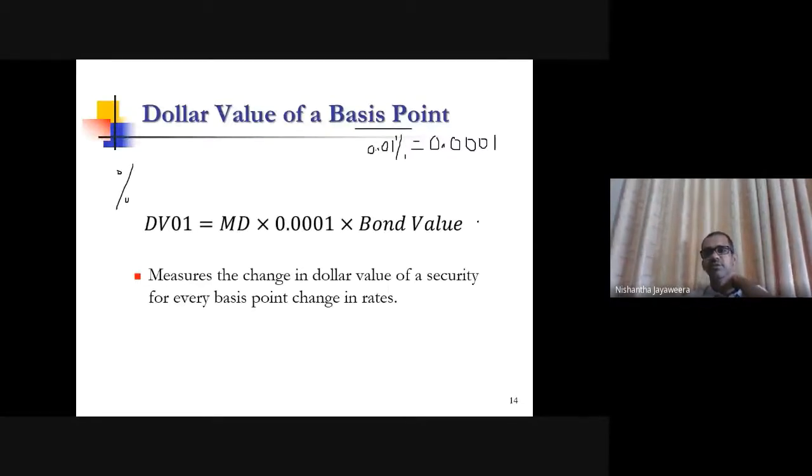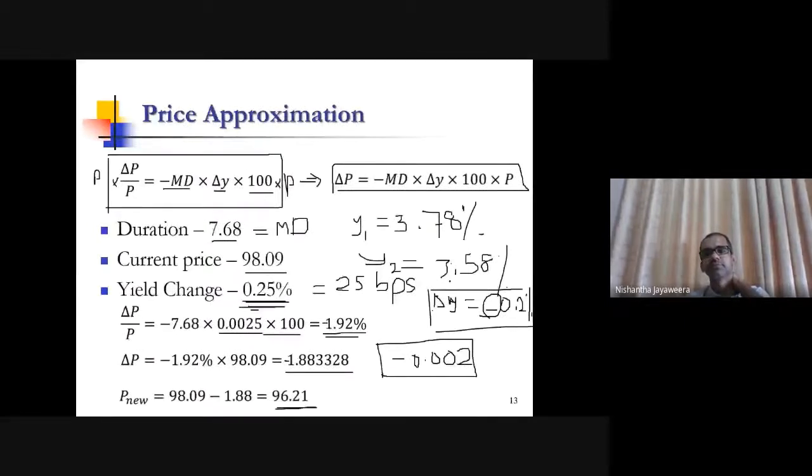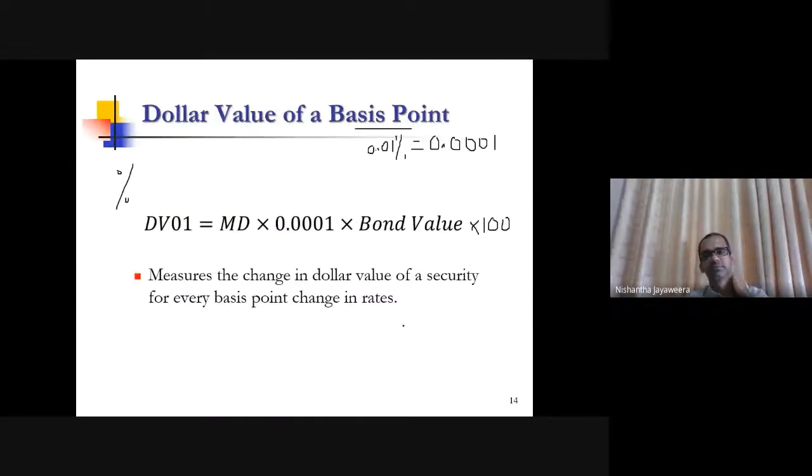Better you put 100 as well to make it complete, because in this equation you had 100 and the price. So by looking at this, we know if yield changes by 10 basis points, we'll gain or lose this much in rupees approximately.